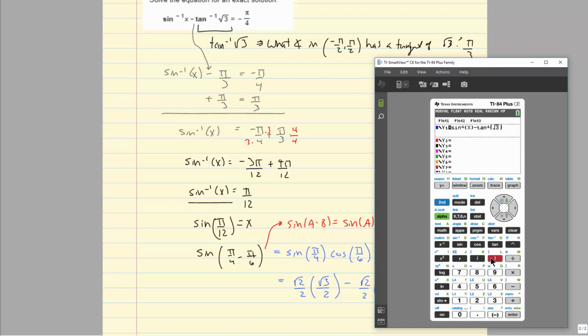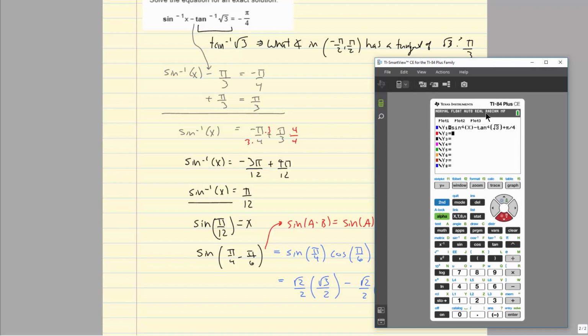Now that's the left hand side. Now what I need to do, this negative pi over 4 that's on the right, I need to add it to both sides, because again I have to have this all set equal to 0. So this would be plus pi over 4, and if you want to use your fraction key you can. So this is what I'm trying to graph.